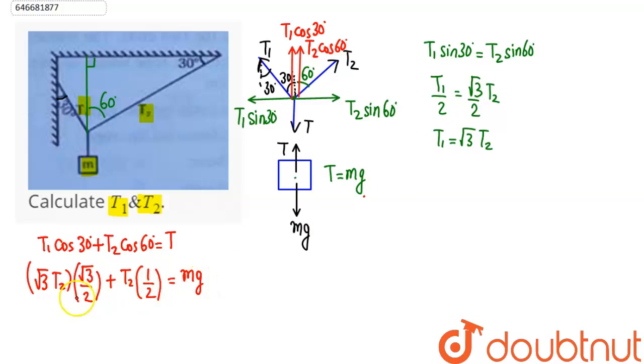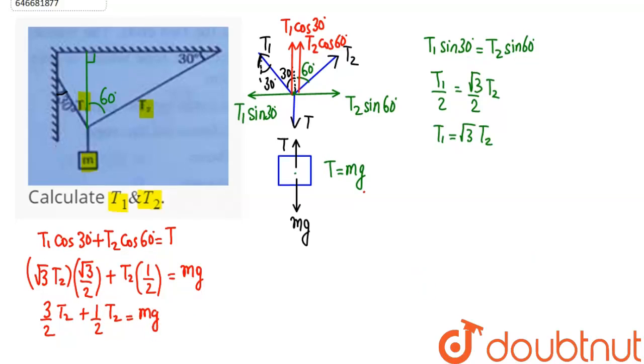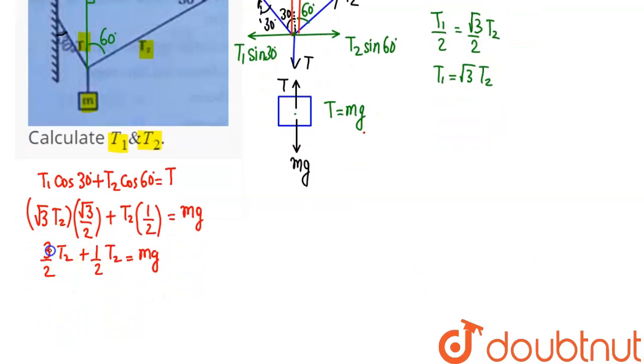So this simplifies as 3 upon 2 T2 plus 1 upon 2 T2 is equal to mg. This implies 4 by 2, which is 2 T2, is equal to mg.